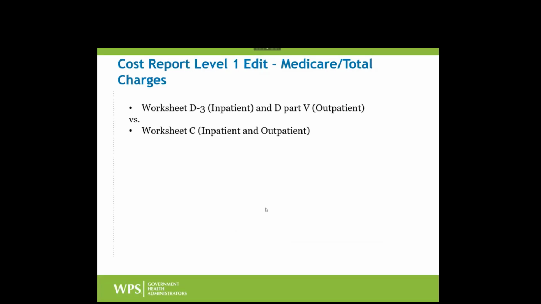Now that leads me to another issue that's come up a little bit lately, related to a level 1 edit that'll pop up on the HFS software or just any cost report.